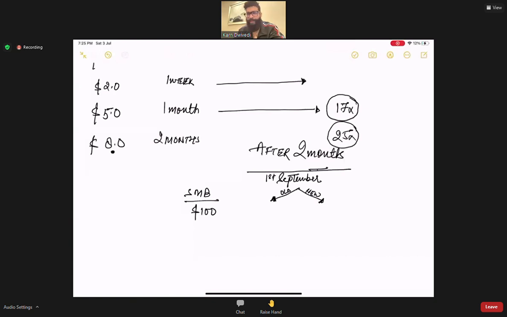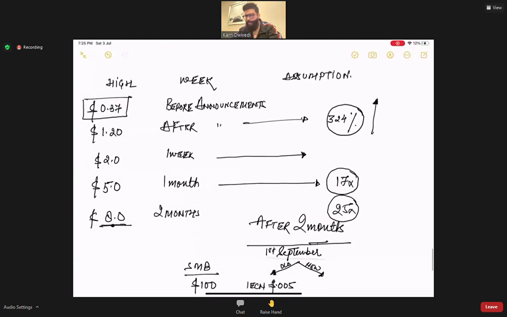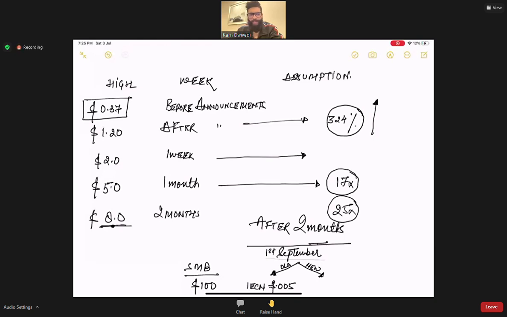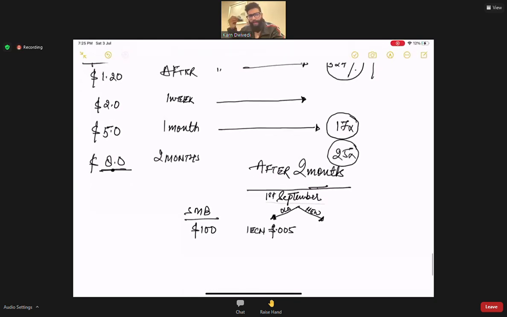We have seen the graphs, the chart, the database, the facts. Here, your one ECN is supposed to be $0.005, just two more months, eight more weeks down the line. And here we have calculated with the very least possible rates, keeping it not 324%, keeping it less than even 2x, only 2x.